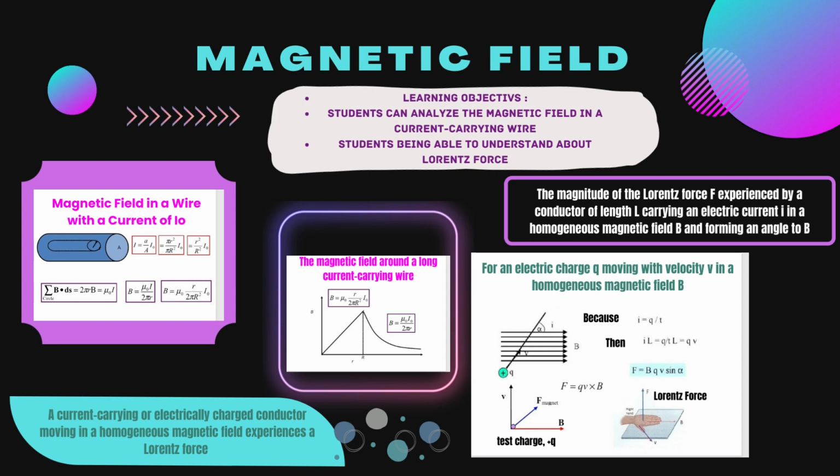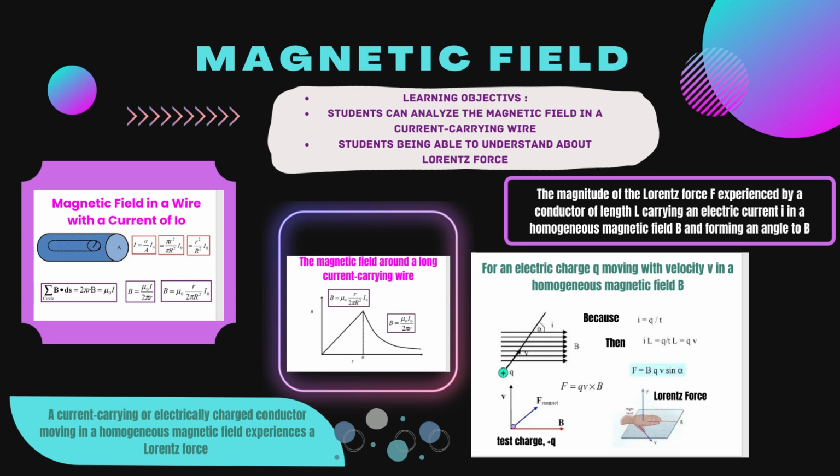This also has two formulas. The first formula of the magnetic field is mu naught times r in lowercase over 2 times pi times R in uppercase squared times I0. Or it can be written as B equals mu naught times I0 over 2 times pi times R.